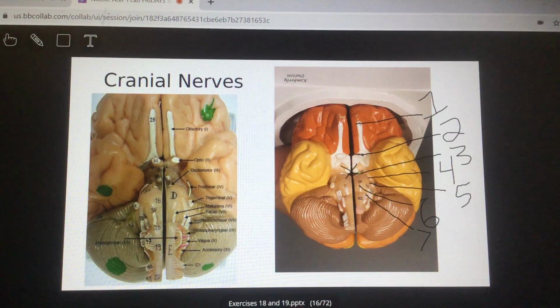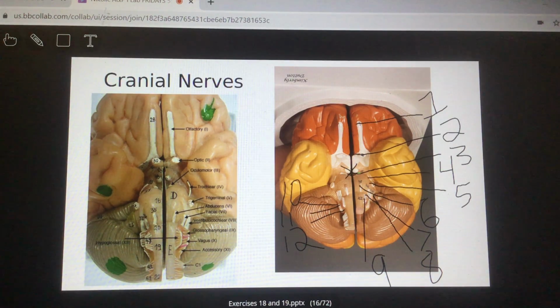That's a little bit off. 8, 9, 10, 11, 12. Now, for this model, you only need to know the first 5.